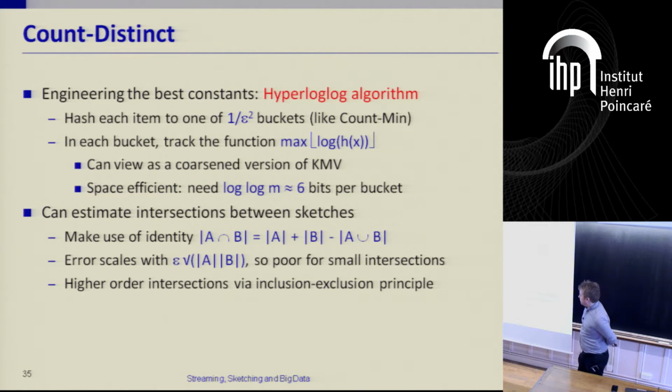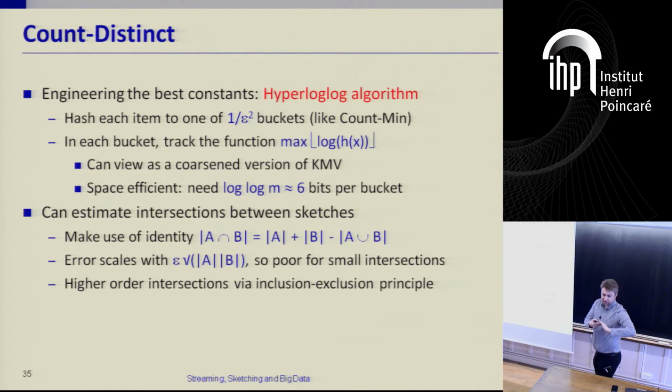And you can do some tricks with this. You can estimate the size of the intersection, again only up to some additive approximation factor. How do I estimate the size of the intersection of 2 sets? I can estimate the size of each set individually, then subtract my estimate of the size of the union.